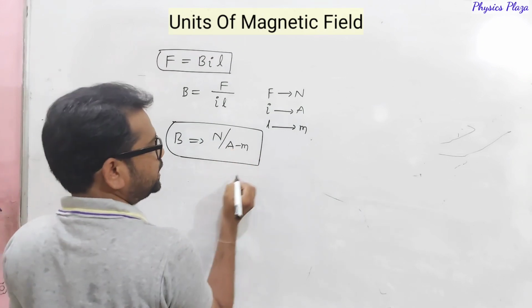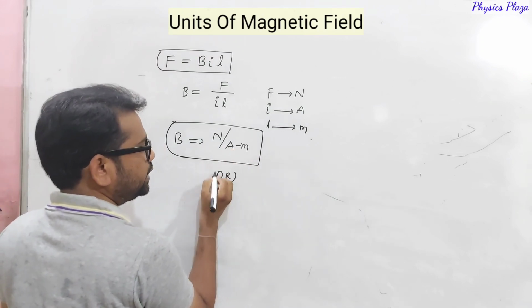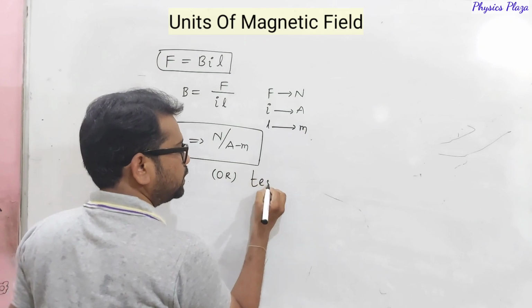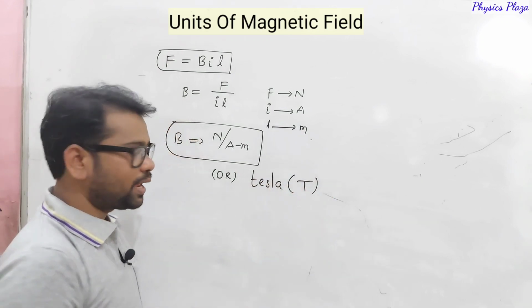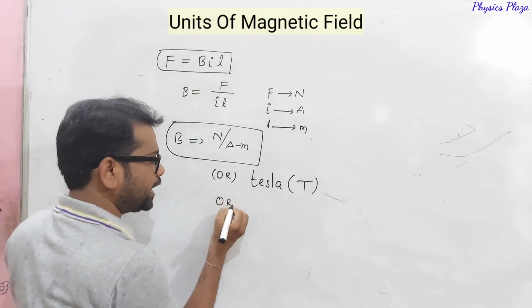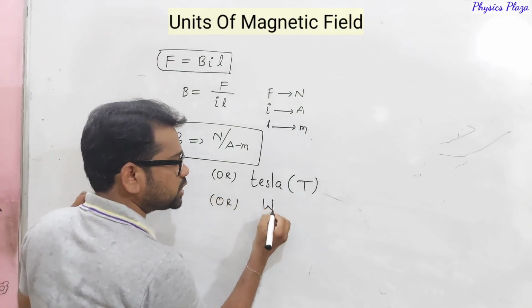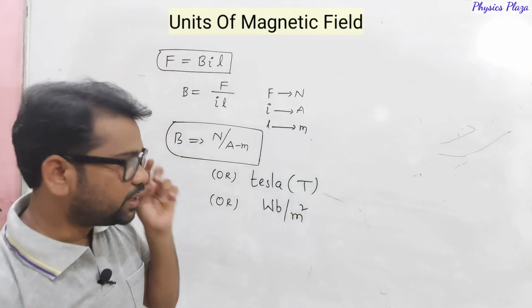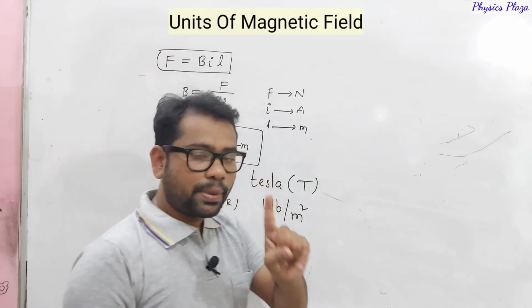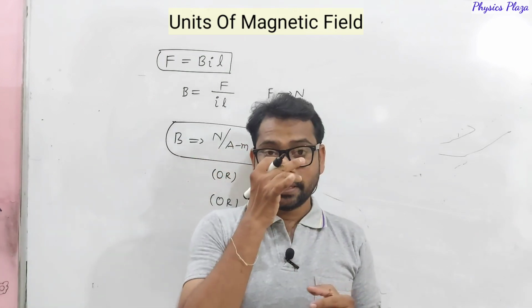Children, this Newton per ampere meter is also called Tesla. So the symbol is capital T. And children, this Tesla is also expressed as Weber per meter square. Actually, Tesla is the SI unit of the magnetic field. Then what about the CGS unit?